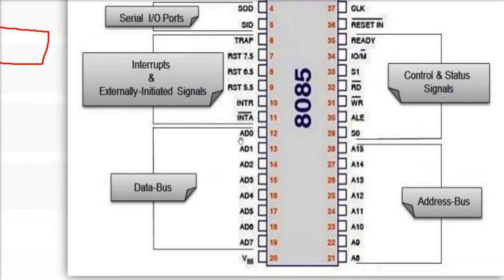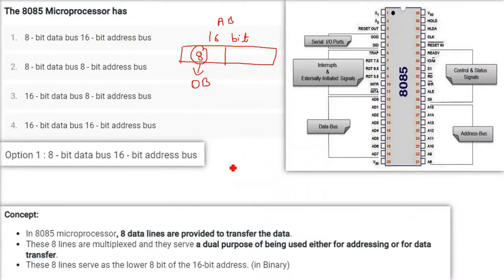Let me tell you here, AD0 starts from here, and if you start from 0, it goes up to 15. That counts to 16. So AD0 till AD7, these are 8 bits, and these 8 bits are for the data bus.